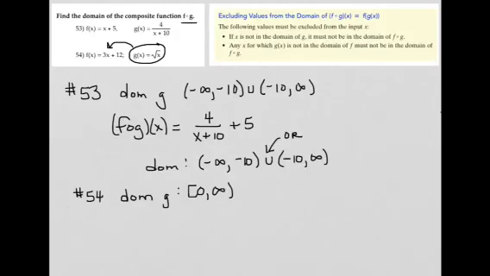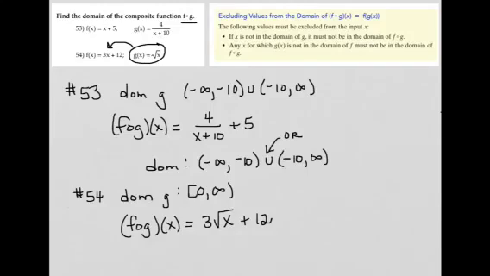Now if I substitute and find f of g, then we're substituting the function g of x in for the x in f of x. So we get 3 times the square root of x plus 12.